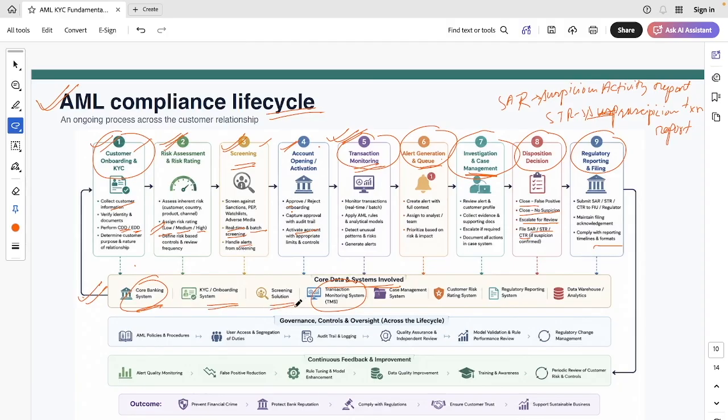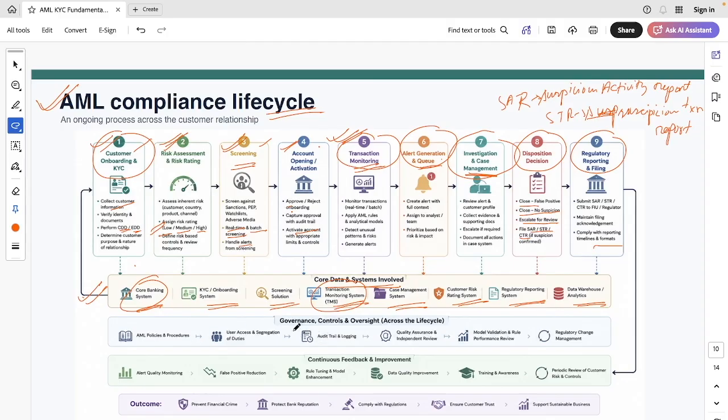Screening solution checks the sanctions, PEP, and adverse media. Transaction monitoring, as we have already said, generates system alerts. Then the case management system is where the alerts get logged, and we have the customer risk rating system that calculates the risk score, the regulatory reporting system where the files are reported, and the data warehouse system where the data is analyzed and reported. You must understand how data moves between these systems.